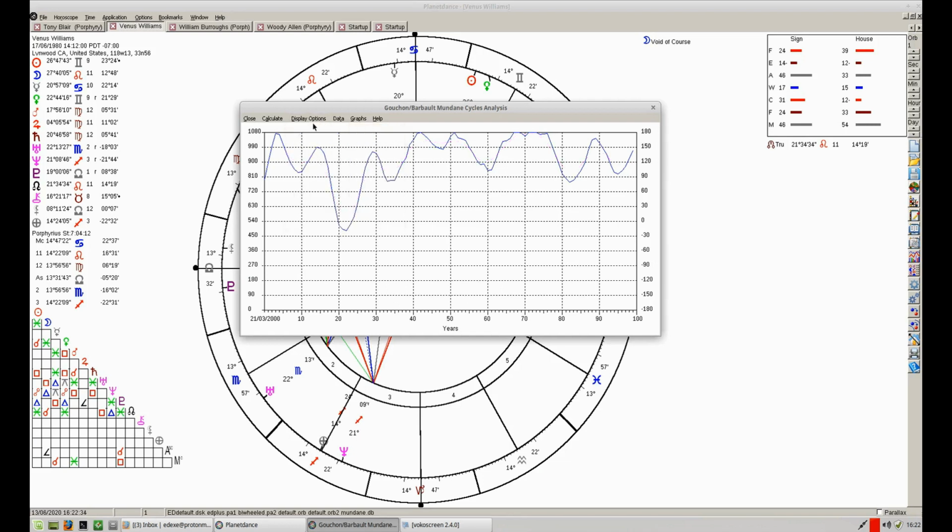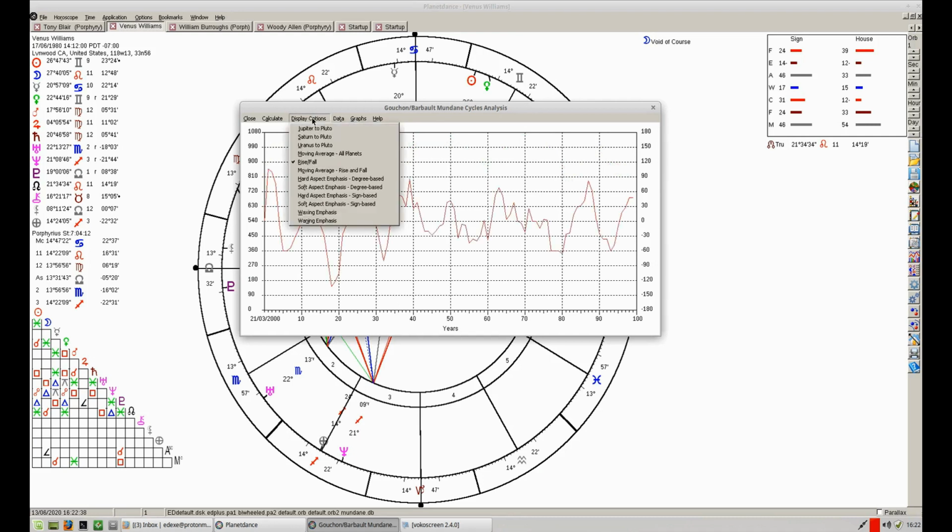The rise and fall line can also be displayed with a 10-year moving average to help you see the overall trends over a period of time, for example a decade or a couple of decades.